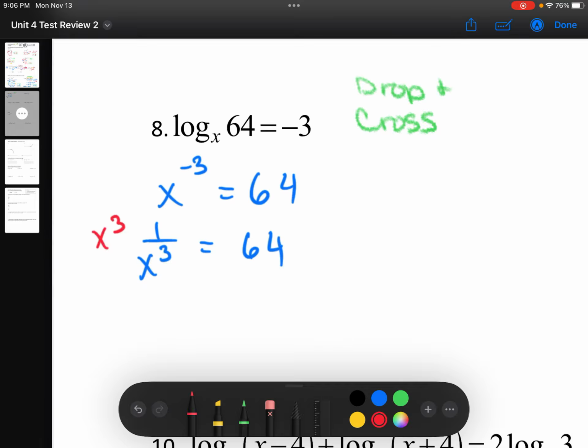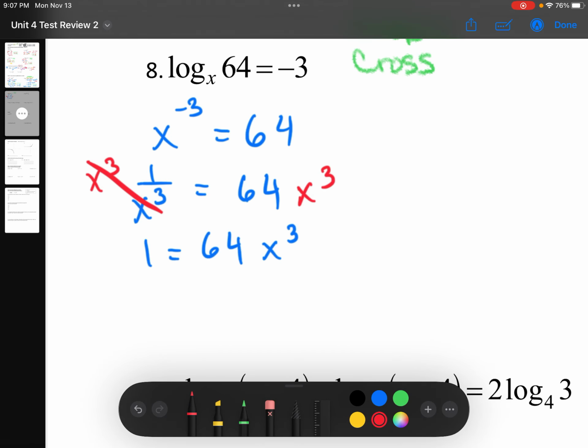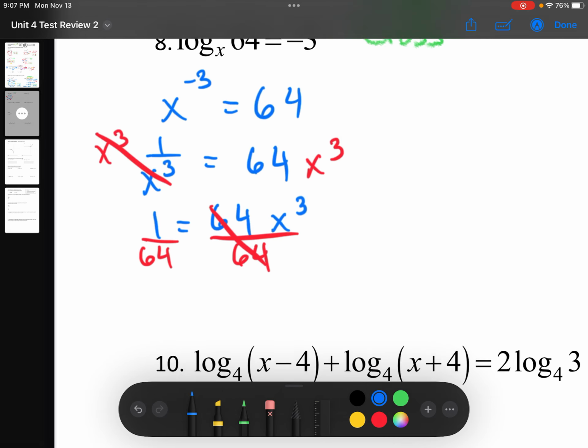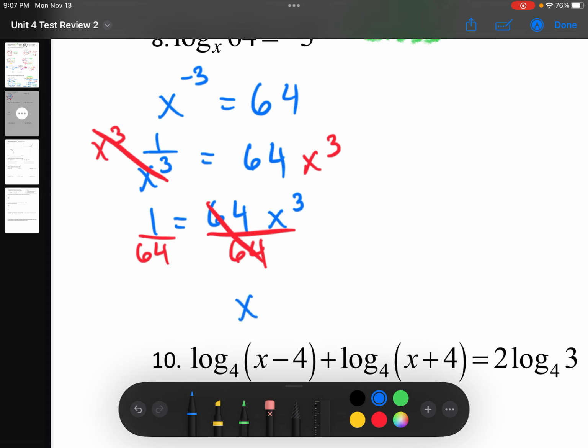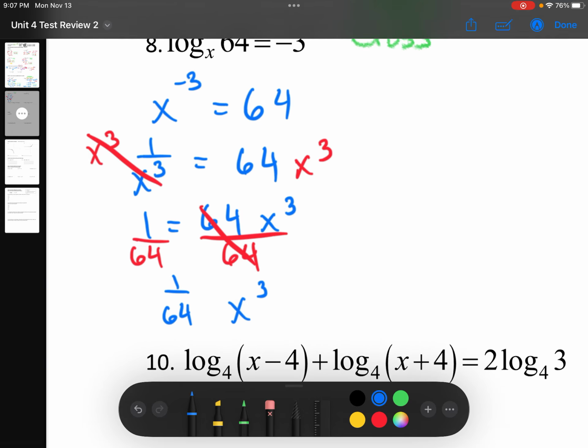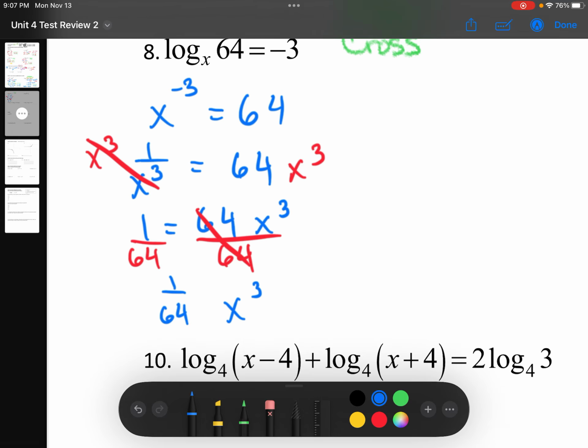Then multiply both sides by x to the 3rd to get that out of the denominator. So 1 is 64 x to the 3rd. We want the x term by itself, so we'll divide by 64. So then x to the 3rd is 1 over 64.